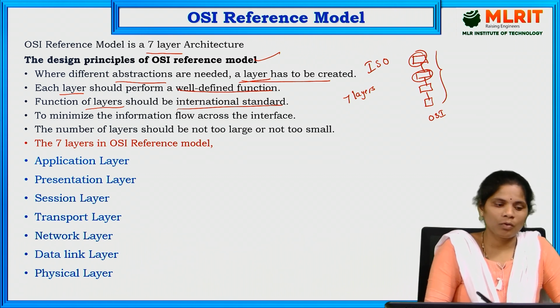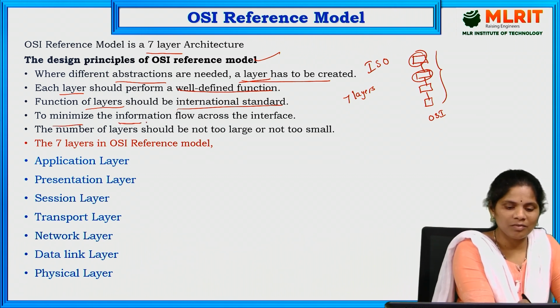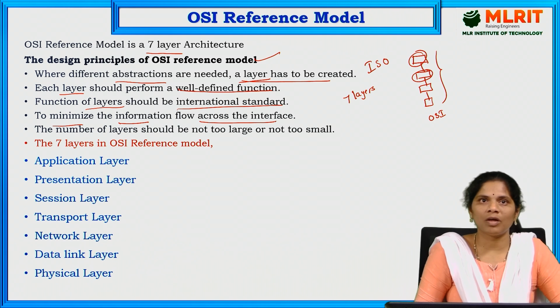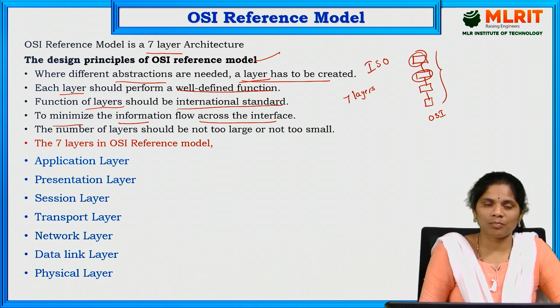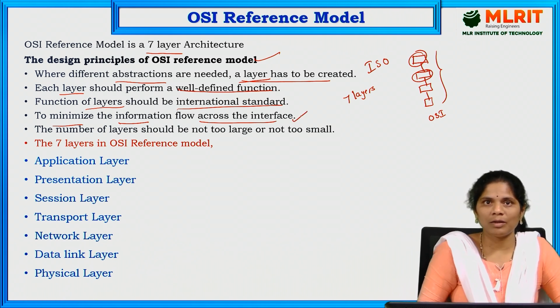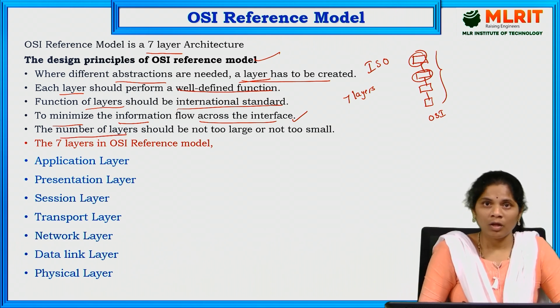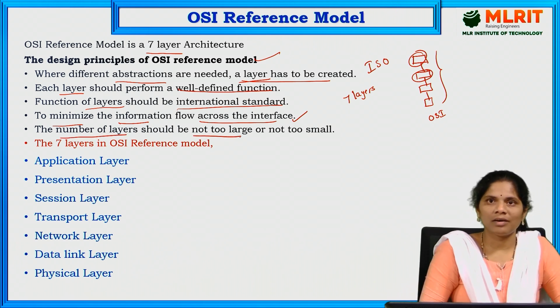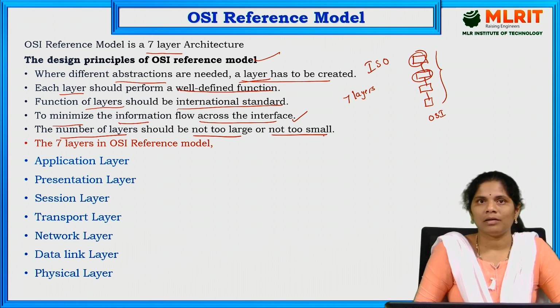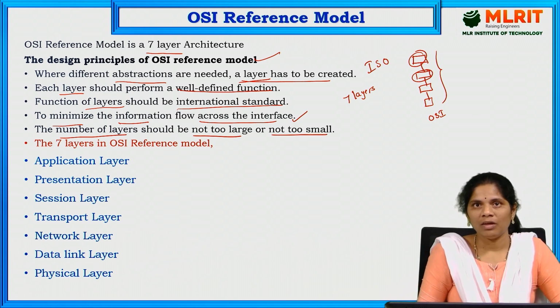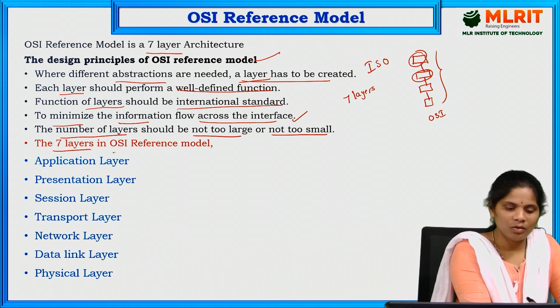These interface boundaries are to minimize the information flow across the interface. This is also one of the design principles. And coming to the number of layers, the layers should not be too large, and at the same time not too small. These are the design principles of the OSI reference model. And coming to the 7 layers of the OSI reference model.